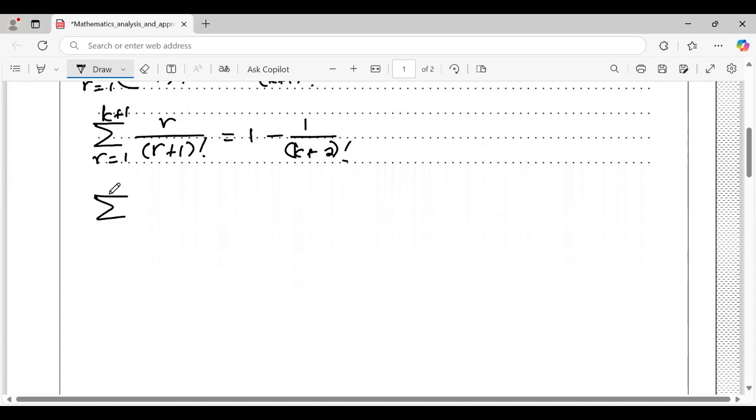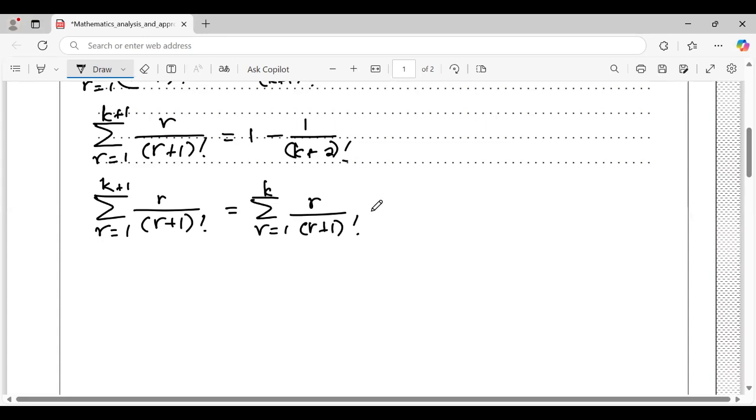The sum from r equals 1 to k plus 1 of r over (r plus 1) factorial equals the sum from r equals 1 to k of r over (r plus 1) factorial plus (k plus 1) over (k plus 2) factorial.